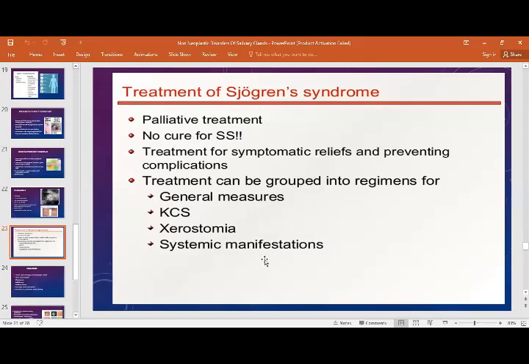We are going to use different solutions or different medicines just to get symptomatic relief. And we need to get regular checkups for lymphomas. Basically, treatment can be put into a regime like general measures and the other systemic manifestations, how we will treat the systemic manifestations as well.